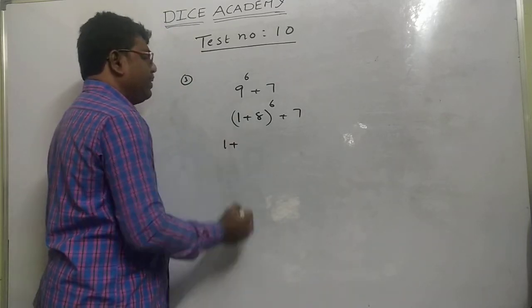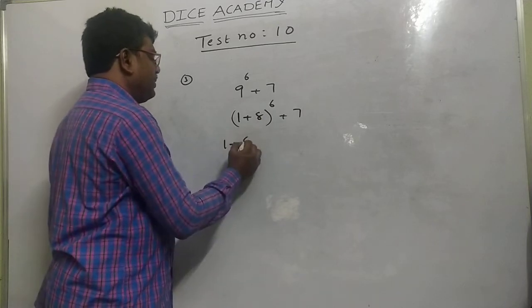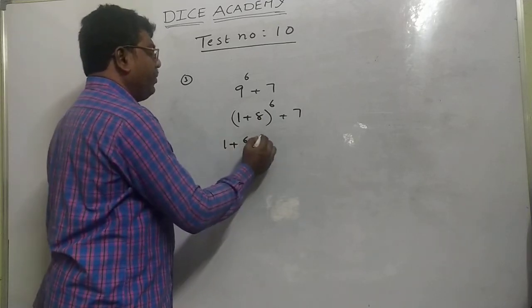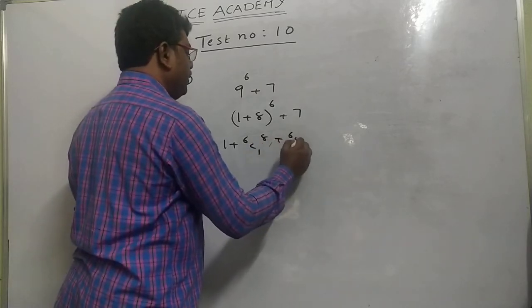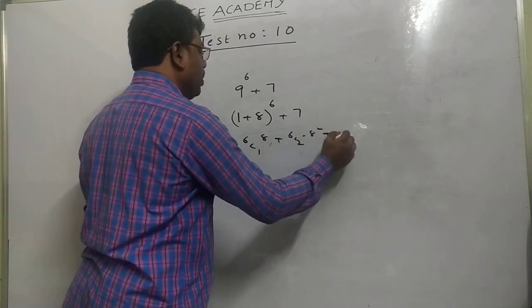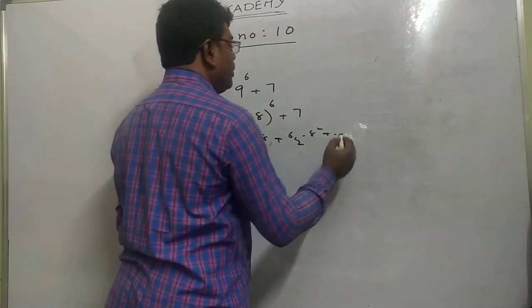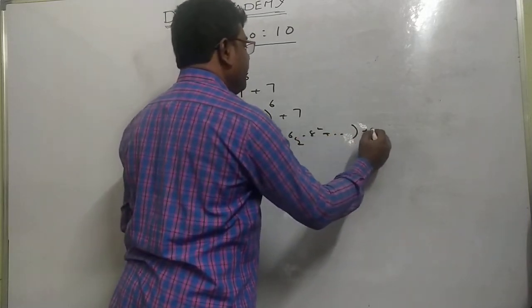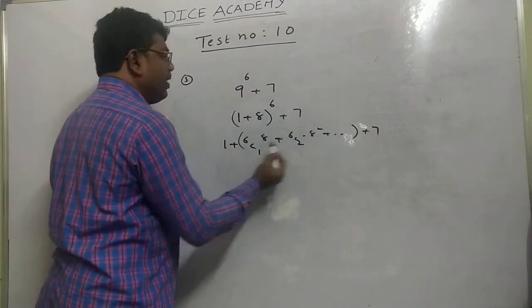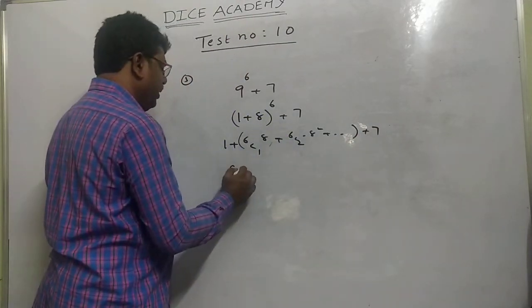First of all, 1 plus 6c1 into 8 plus 6c2 into 8 square plus so on. At last, plus 7 is there. So this plus 1 and plus 7, the value becomes 8.